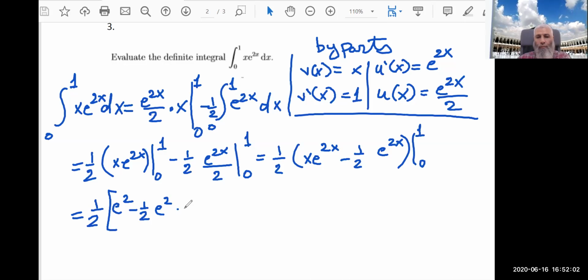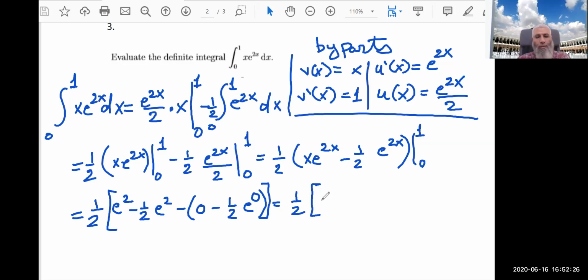Then we write minus the lower limit, so it's 0, minus 1 half e power 0, which means 1, so it would be 1 half. So this is e power 2 minus 1 half e power 2.